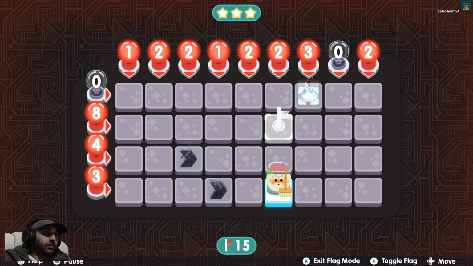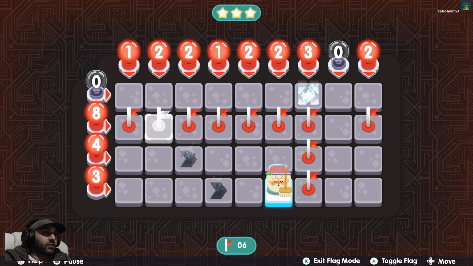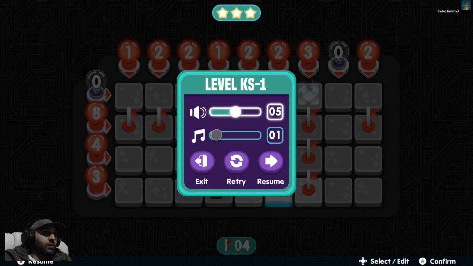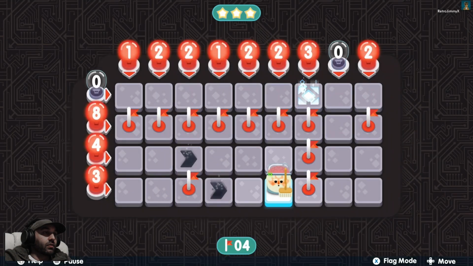Okay. 3 in this column. 8 in the row. And one of the columns can't have 1, so 1, 2, 3, 4, 5, 6, 7, 8. Nice. 2 in this column, which will have to be there because the top row can't have anything. Right.